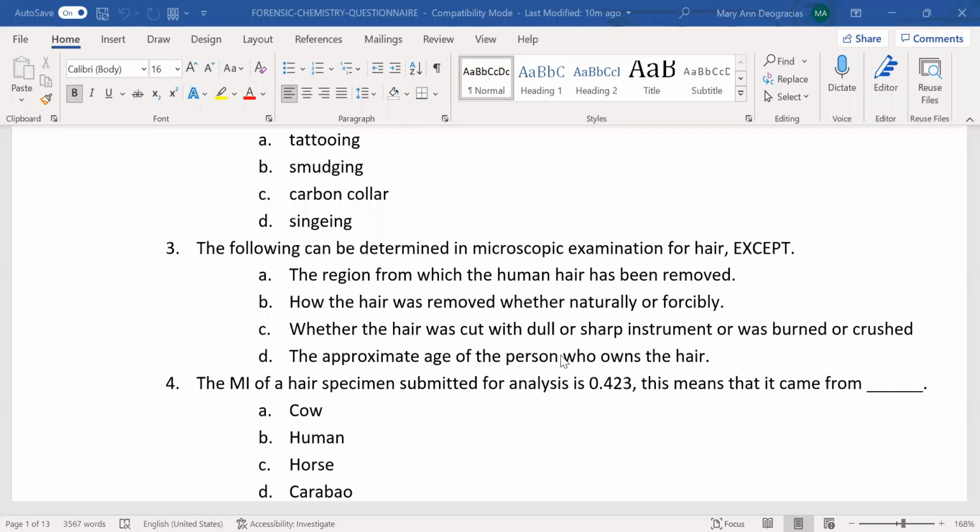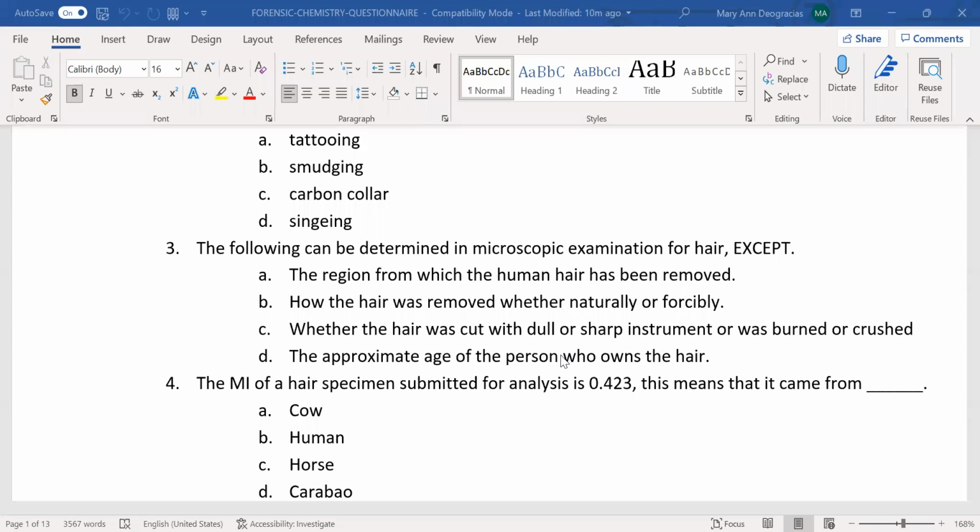Kasi the region from which the human hair has been removed, that's one of the features of microscopic examination. And the approximate age of the person who owns the hair, ang ginagamit dyan is chemical test.